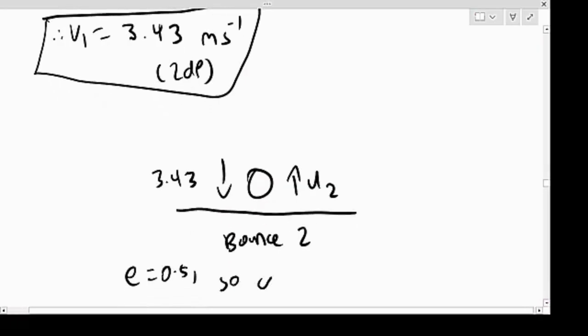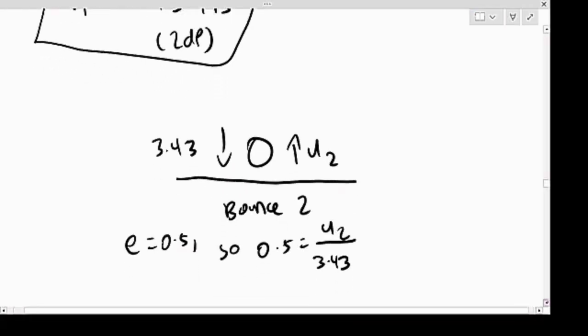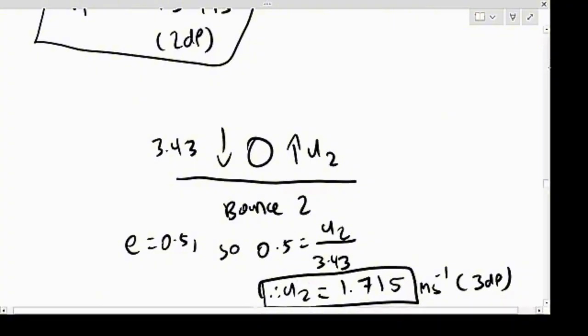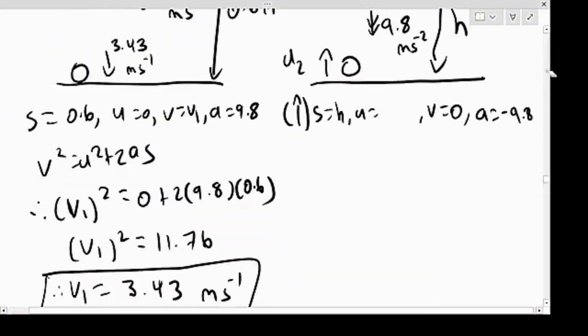So 0.5 is going to equal U2 divided by 3.43. So therefore U2 is going to be 1.715. Okay, and there we are. So I can add that on here.